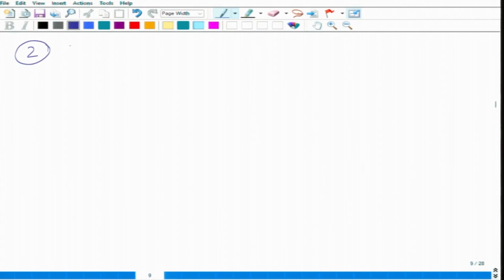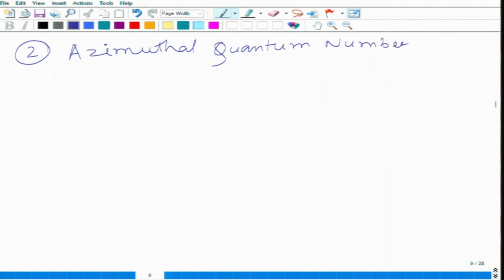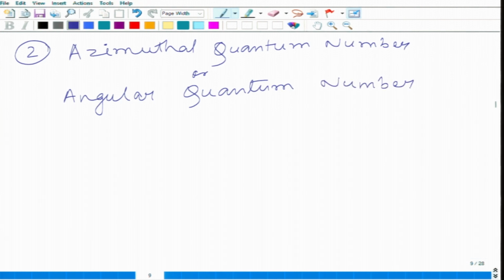So, the second quantum number is the azimuthal quantum number, or it is also known as the angular quantum number, and it is also called the subsidiary quantum number.